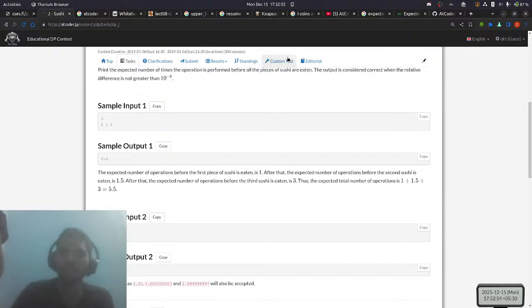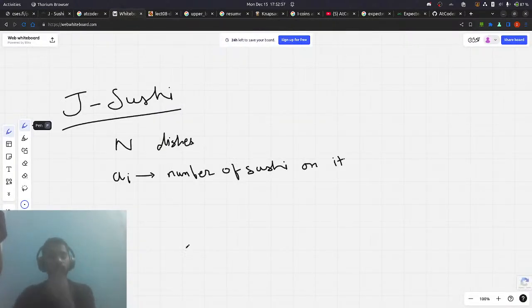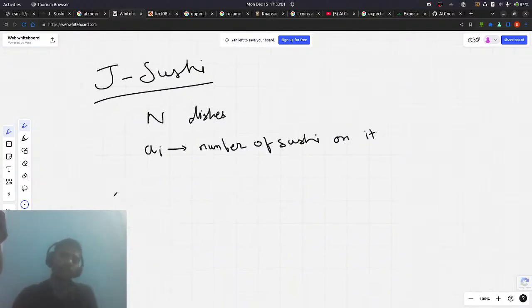So suppose we have a DP state, or rather, let's make an observation here. You see, we have one, two, or three sushis on the plates, right?